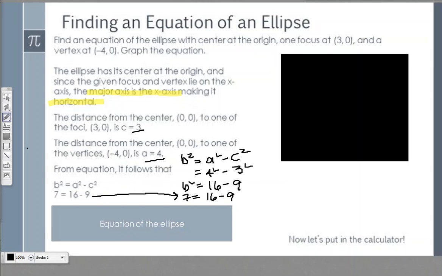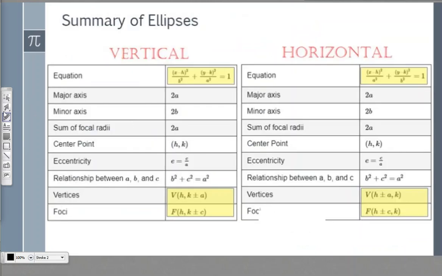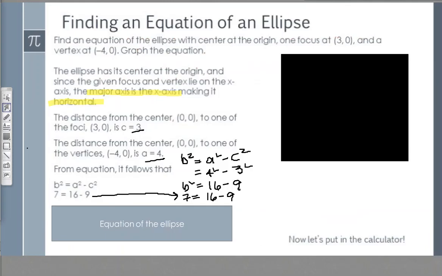Let's go back and look at my chart. I said right here that if you've got a horizontal ellipse, the A value is going to be your first denominator. If it's horizontal, you choose your A value. That's where I get the equation of my ellipse.